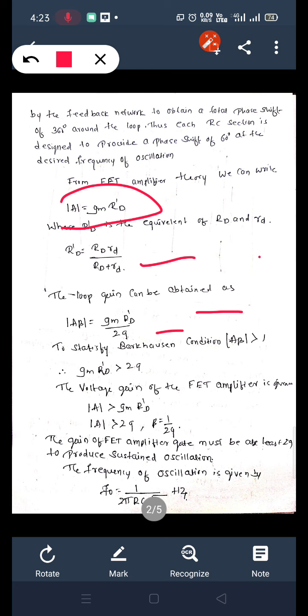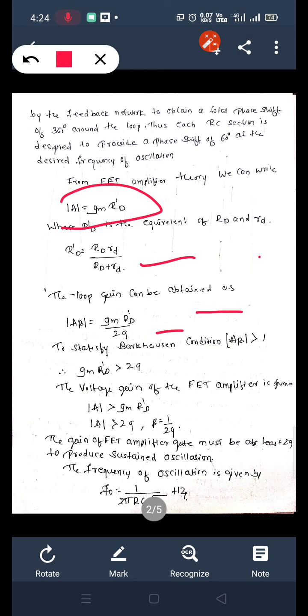This is the condition to satisfy our Barkhausen condition, that the magnitude of Aβ should be greater than 1 for the FET based RC phase shift oscillator. We should have gm R'D greater than 29. The voltage gain of the FET amplifier, magnitude of A, should be greater than 29, with β equal to 1/29.